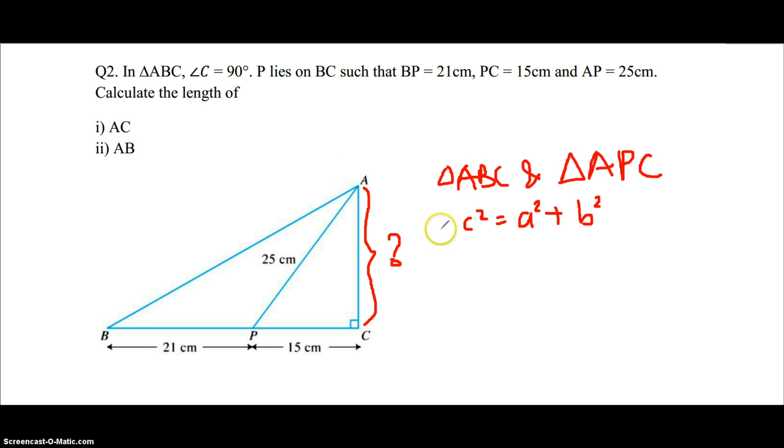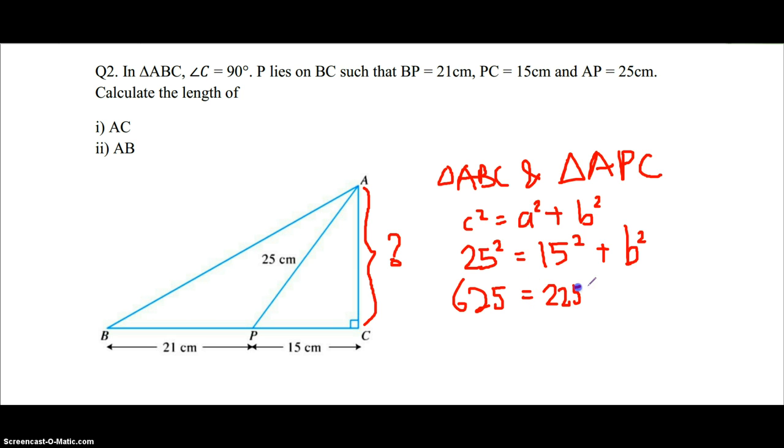Because 25 is the hypotenuse, which is opposite the right angle, c square will be given by 25 square is equal to the two supporting sides, 15 square plus, let's say, b square, which is the unknown AC. Then you will evaluate: 25 square is 625, equal to 15 square which is 225, plus b square.